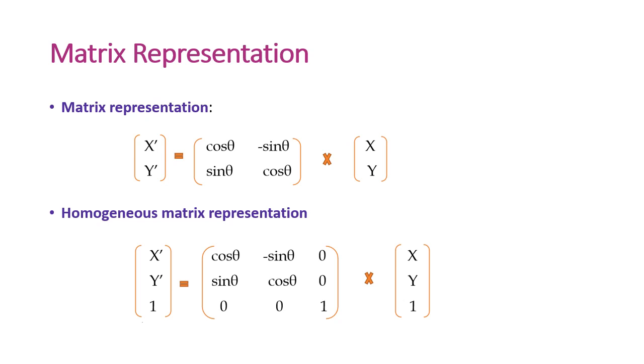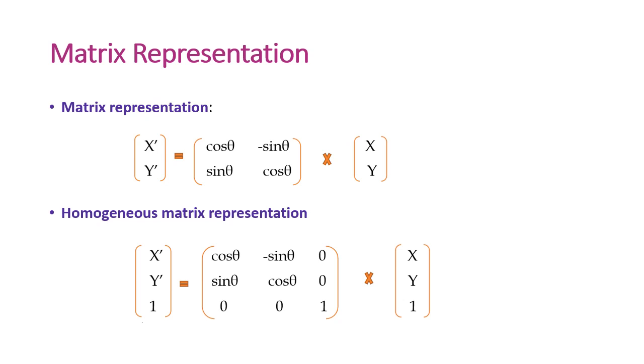Now this matrix representation we have to convert into the homogeneous matrix representation. Homogeneous matrix representation means we have to represent the 2D xy coordinates in triplet format.